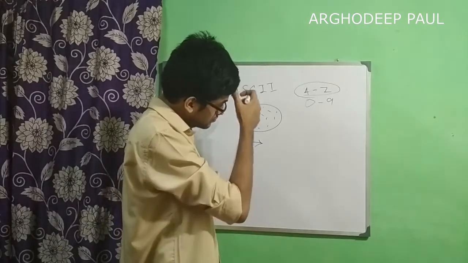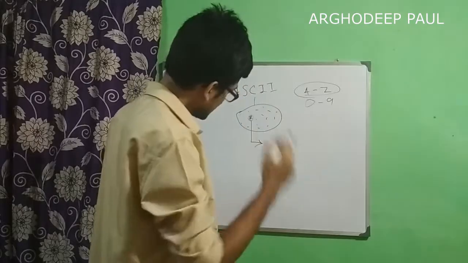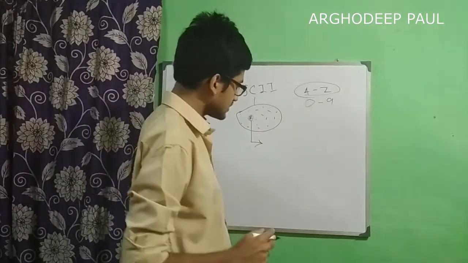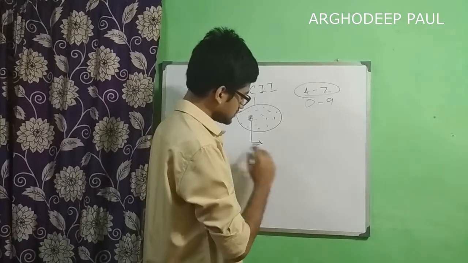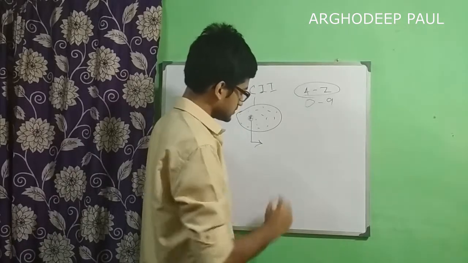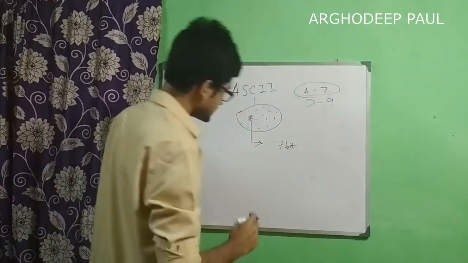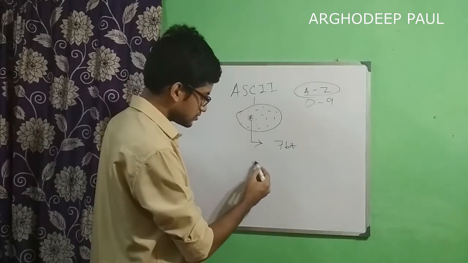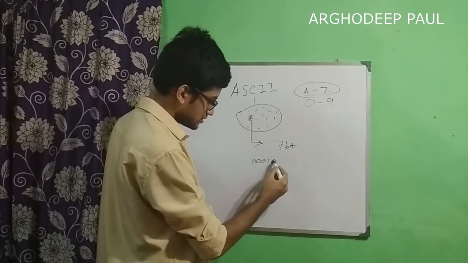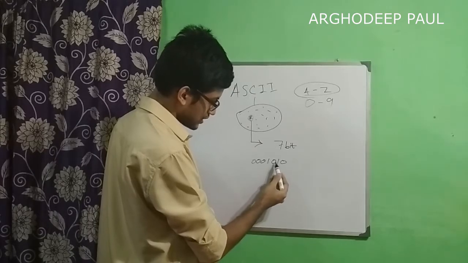Now to represent this special character, ASCII will apply some method, that is, it will represent this number using 7 bits. So we can say ASCII uses 7 bits, meaning it can be 0, 0, 0, 1, 0, 1, 0, 1, numbered 1, 2, 3, 4, 5, 6, 7.